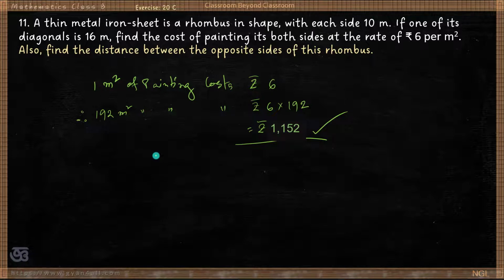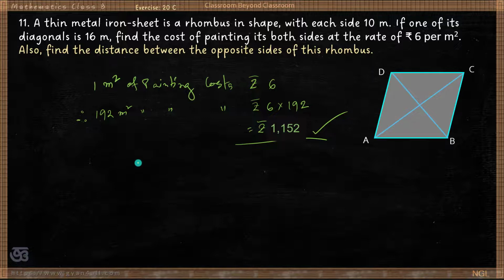Also, find the distance between the opposite sides of the rhombus. We know that a rhombus is a parallelogram only, so base multiplied by height, that means the distance between the opposite sides, is equal to the area of the rhombus.